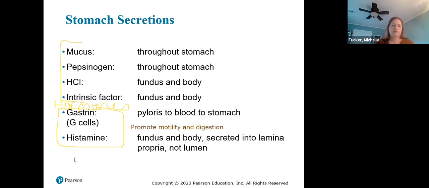The other hormone that we have is somatostatin, and it is going to inhibit gastrin and histamine.